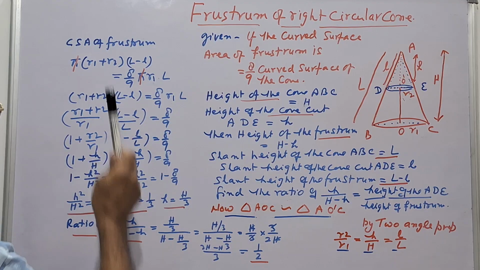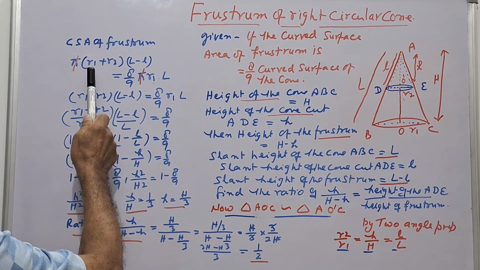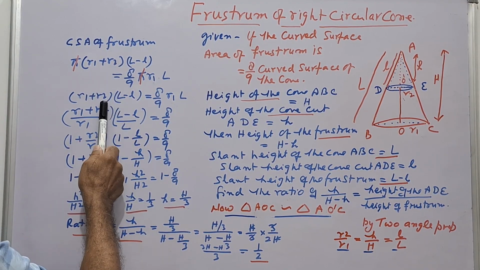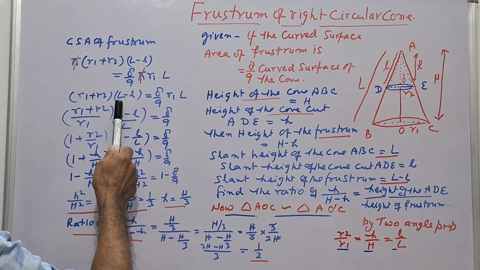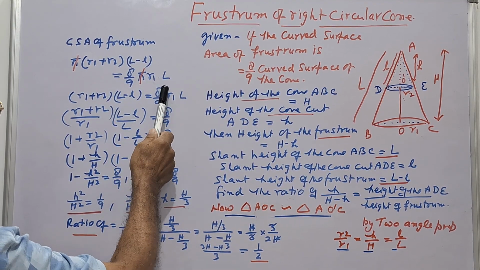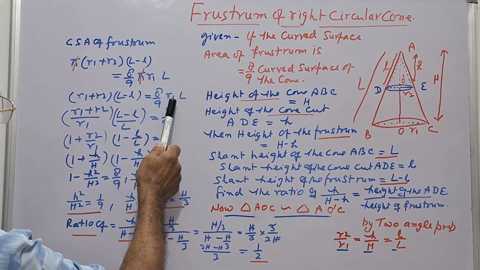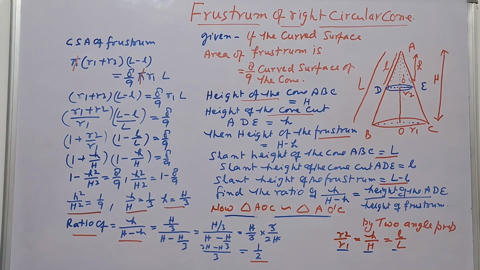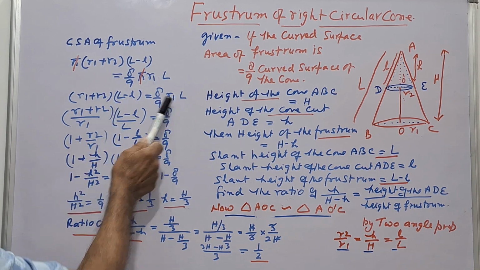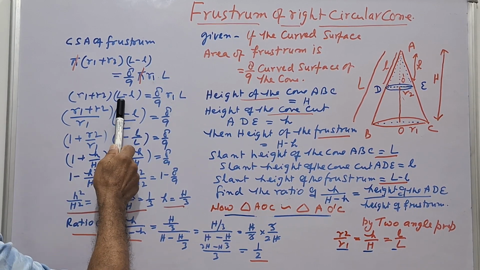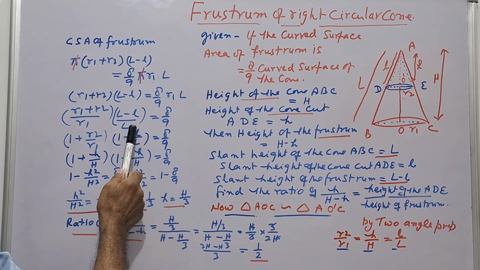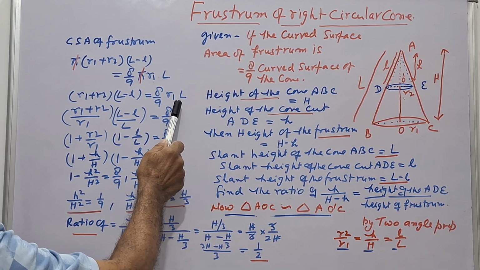Now divide out the pi, then R1 plus R2 into capital L minus l is equal to 8/9 pi R1 L. Now R1 plus R2 divided by R1, and capital L minus small l divided by L, is equal to 8/9.